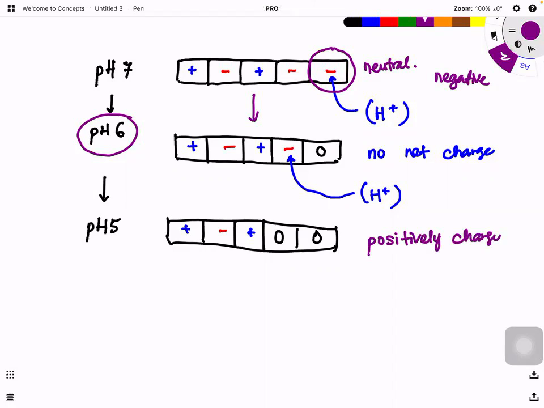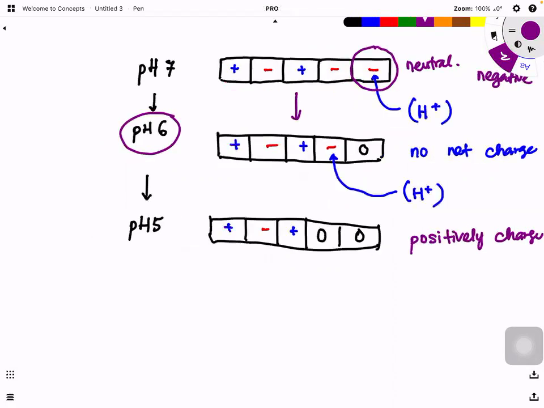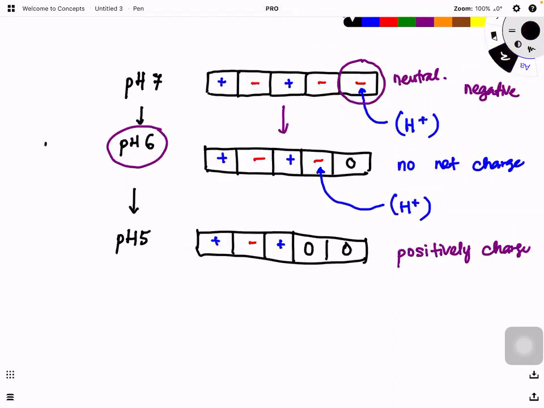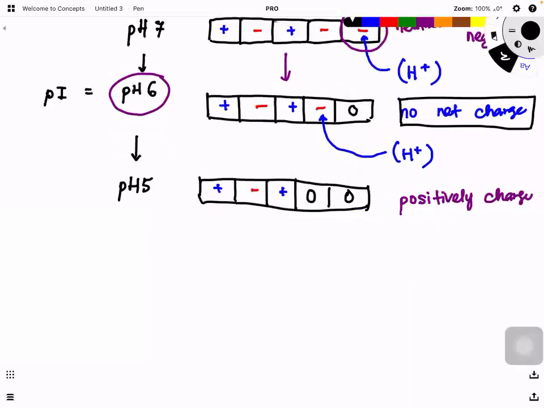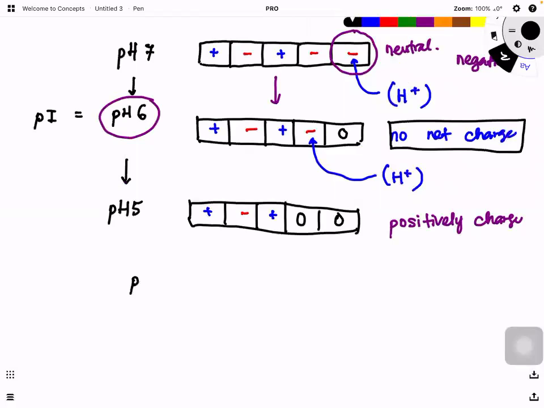Okay, so which one is the pI? If you look at this, pI equal to 6, because no net charge. Isoelectric point, now focus at pH 6. Understand? If you look at these diagrams, if pH is lower than pI, your protein tends to be positively charged.